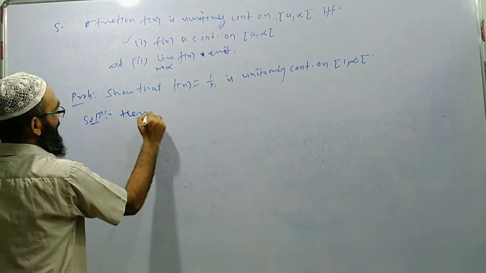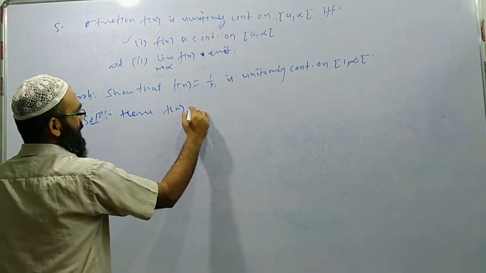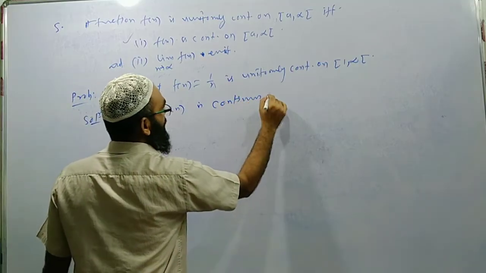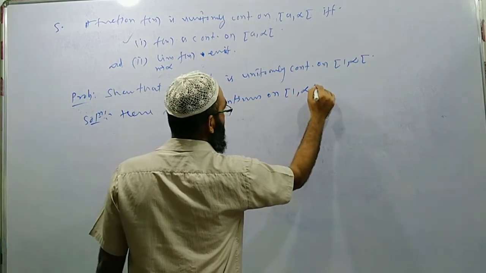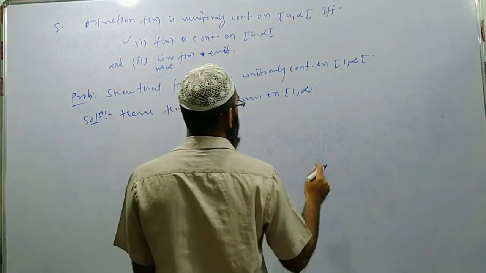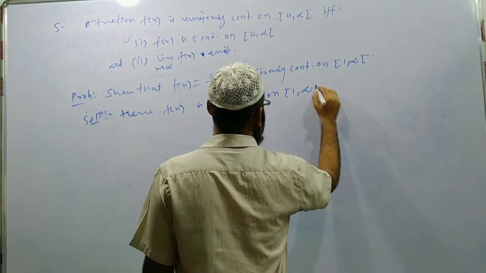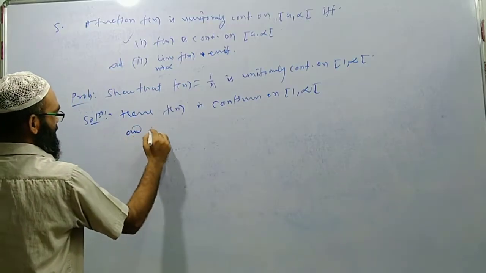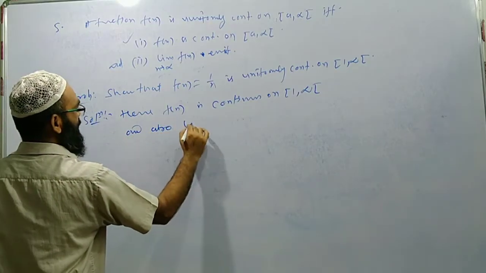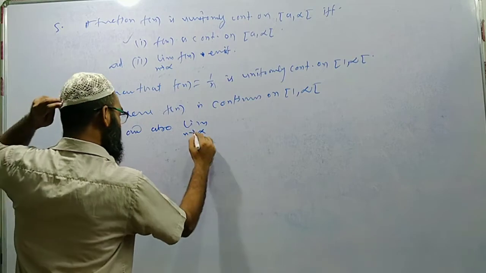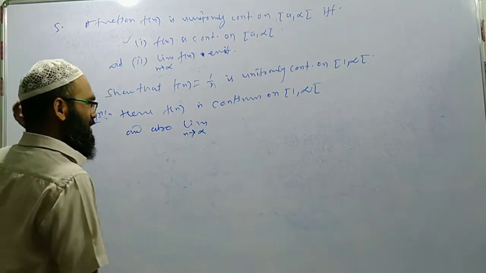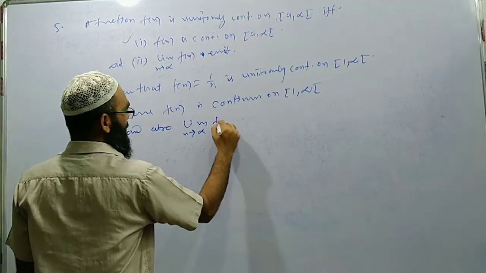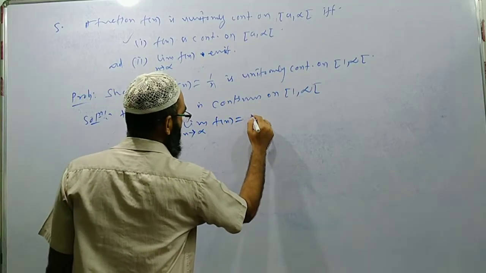Here f(x) is continuous on (1, infinity) and also limit x tends to infinity f(x) equal to 0 exists.